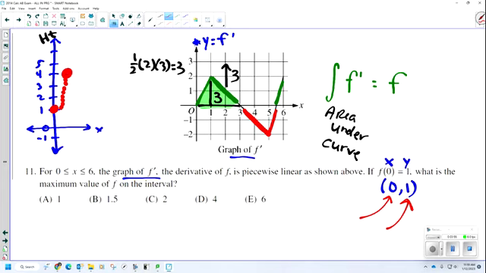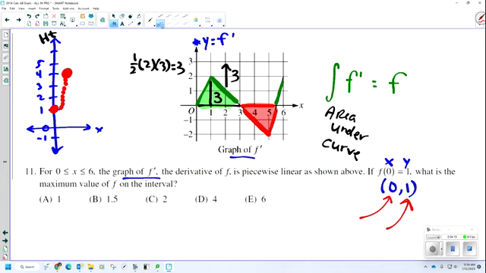Now let's take a look at the second triangle here. We'll do this in red. The second triangle, in case you can't tell, goes from 3 to 5.5. I thought it went right to 6, but it went to 5.5. But that's okay.